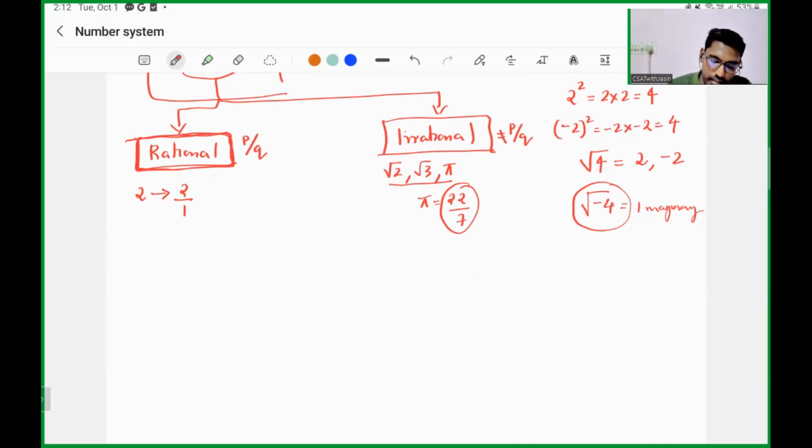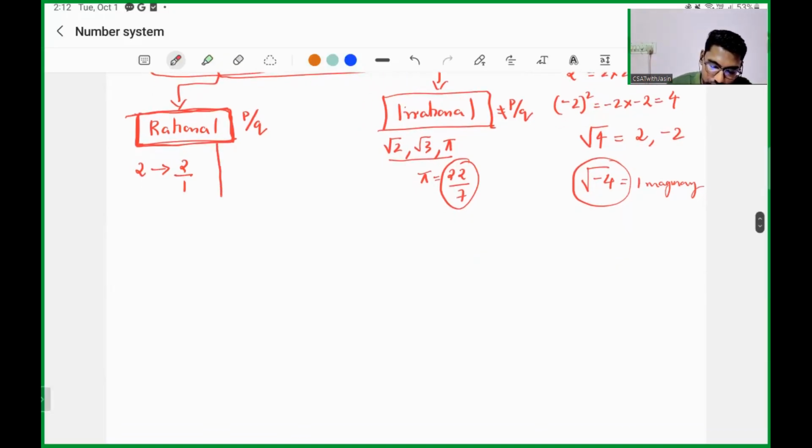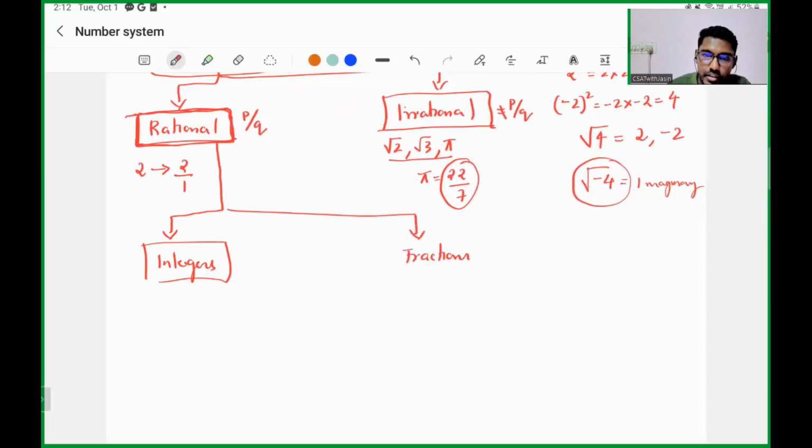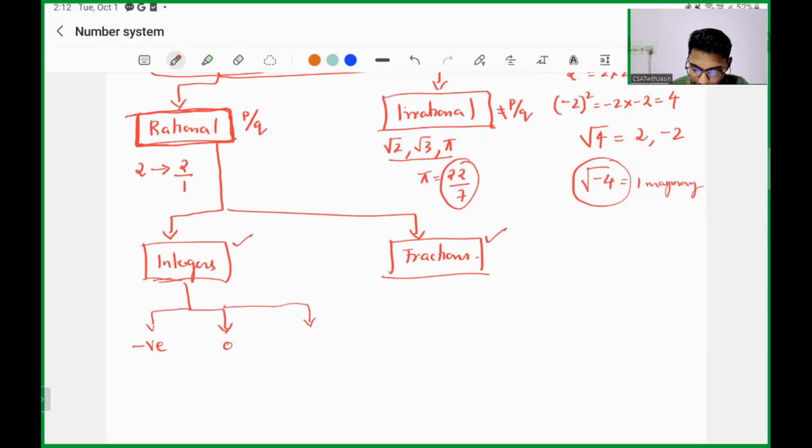So 2 is a rational number because it can be written in 2 by 1 form, or p by q form. Now, rational numbers are actually divided into integers and fractions. So these two should be your main area of interest, integers and fractions. This is the area UPSC is mostly asking. Integers can be negative numbers, 0, and positive numbers.